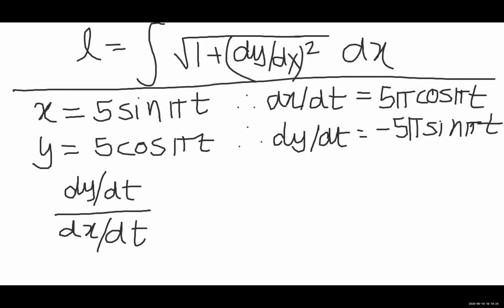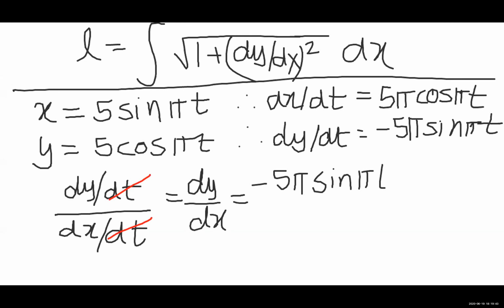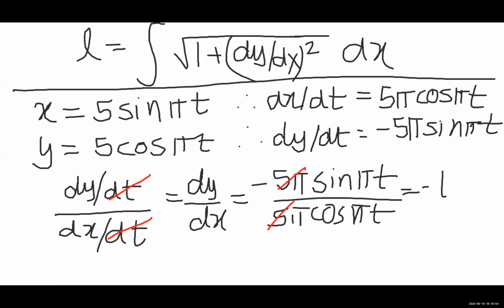So dt and dt will cancel out, and I will get dy by dx. And this will be equal to minus 5 pi sine pi t upon 5 pi cosine pi t. And we get minus tan pi t.